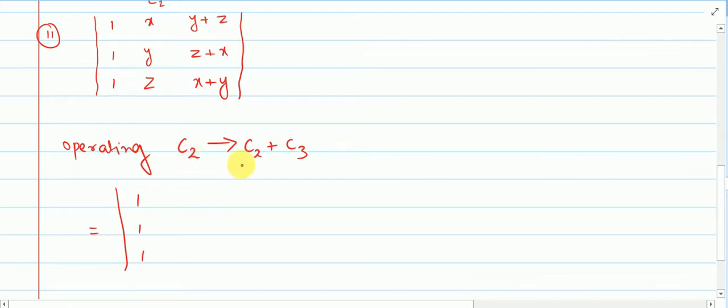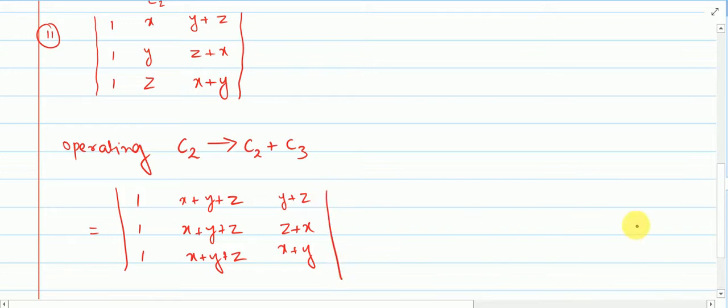Column 2 will become C2 plus C3. That means x plus y plus z, x plus y plus z, x plus y plus z, and here y plus z, z plus x plus y.